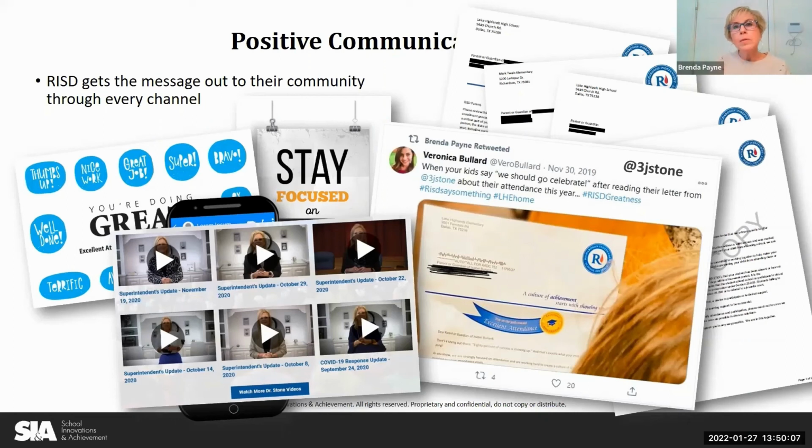And so what I would say is that sometimes we have to go outside of our organization in order to find the tools and resources to help us. And I would also say that if you're looking at an issue that is system-wide, then you need a system-wide solution. Attendance is a mind shift. We cannot leave this up to the campuses solely to do their version of what they think it takes for kids to get to school and how to communicate to parents.